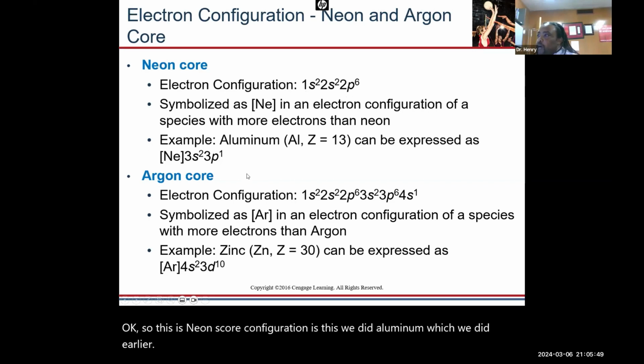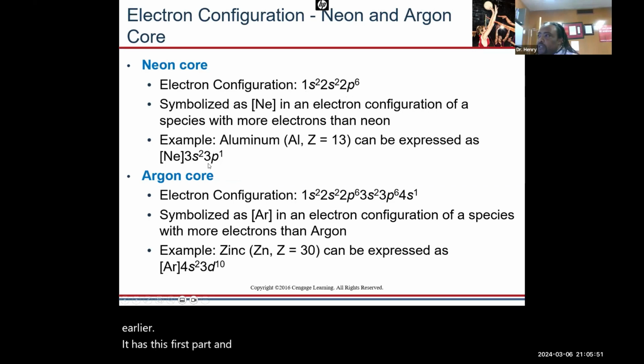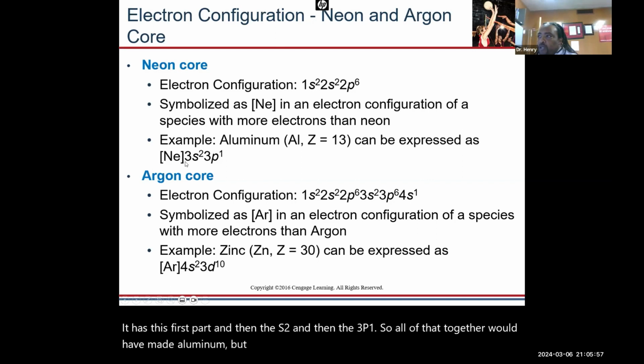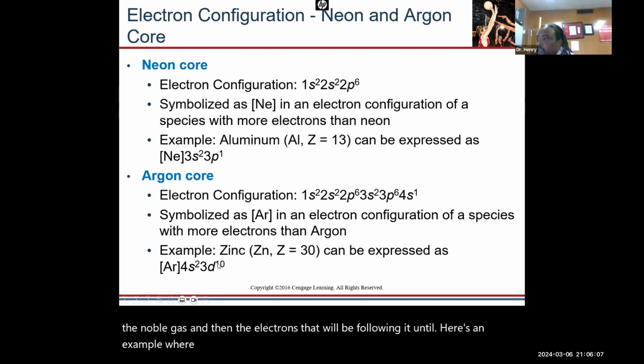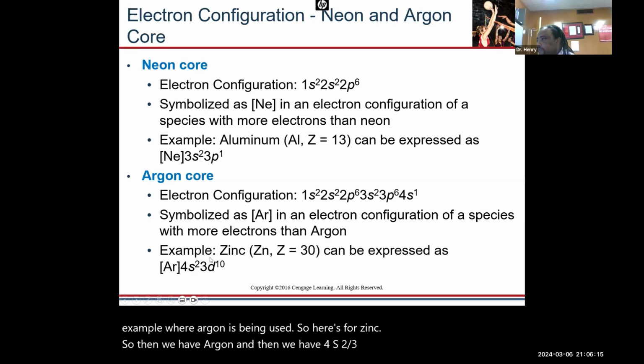It has this first part, and then the 3s2, and then the 3p1. All of that together makes aluminum, but we can write it in a shorter way by using the noble gas and then the electrons that follow. Here's an example where argon is being used. Here's zinc: we have argon, and then 4s2, 3d10.